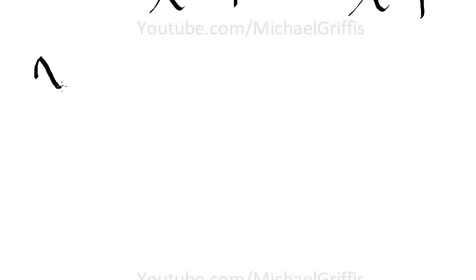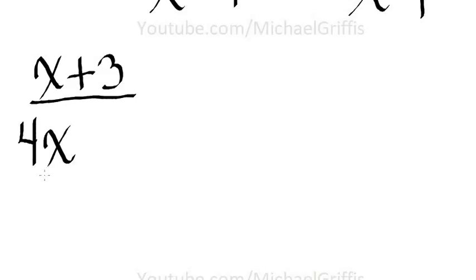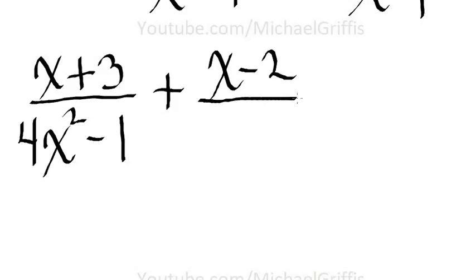Okay, let's see. We have x plus 3 over 4x squared minus 1 plus x minus 2 over 4x squared minus 1.